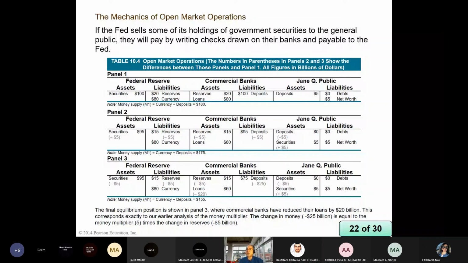The answer is totally no, because now it's not a good time for the central bank to sell national bonds. It's better for the central bank to purchase national bonds from the open market. So there will be a multiple increase in money supply, and that's what we needed during the recession.